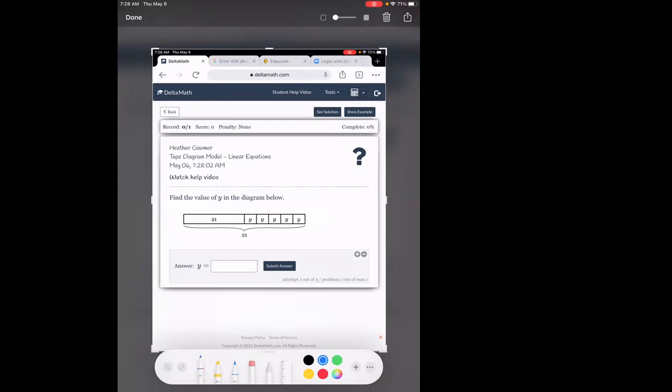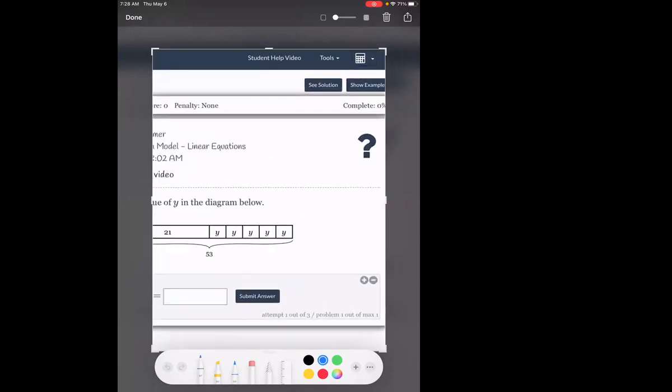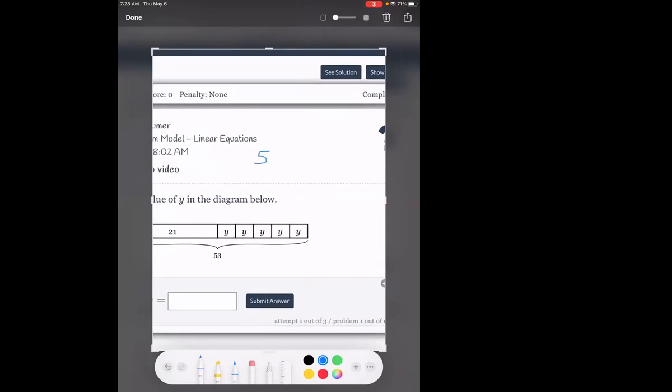So I can go ahead and start writing out what I see, which is going to be 5 y's. 5 y's plus 21 gives me a total for the whole bar of 53.